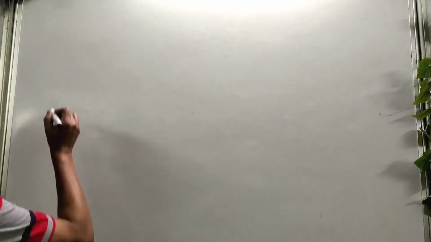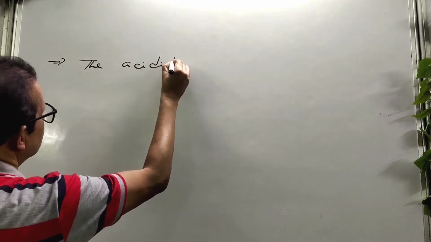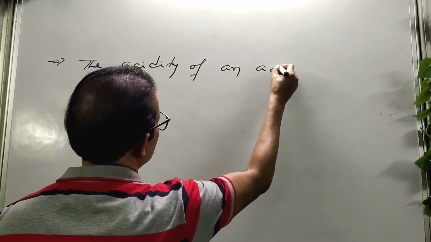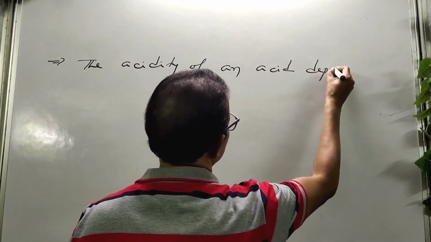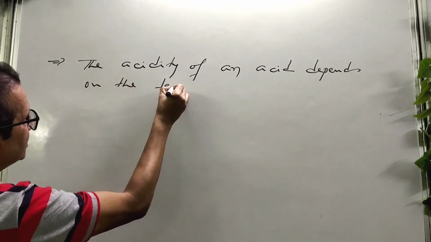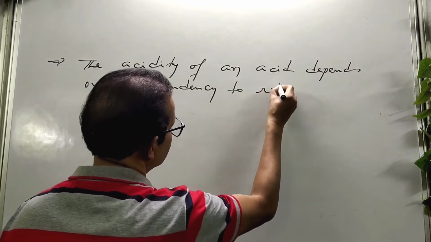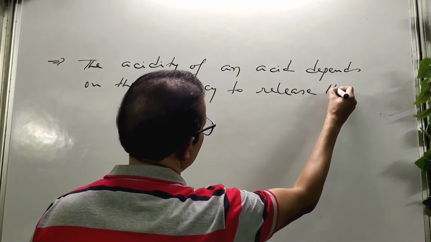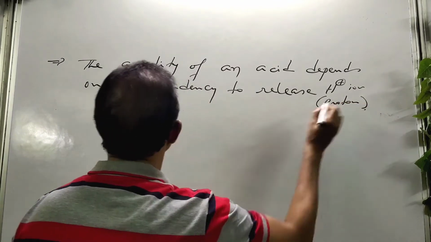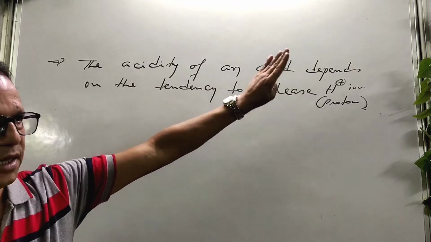So write down point by point: the acidity of an acid depends on the tendency to release H positive ion, that is proton.